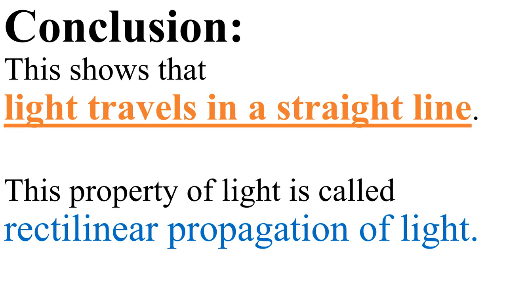This activity once again shows that light travels in a straight line, and we are aware that this property of light is called rectilinear propagation of light. Whichever activity you perform, the result or the conclusion is same for both of them.